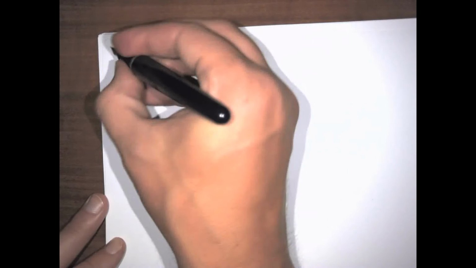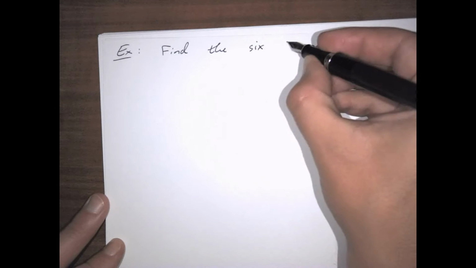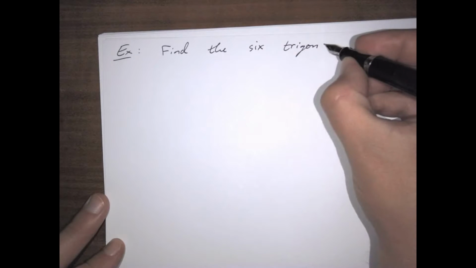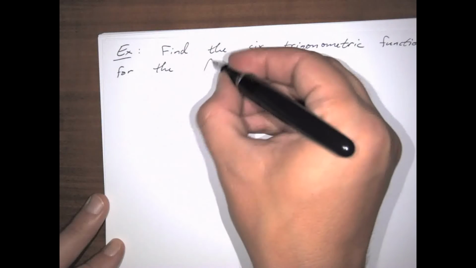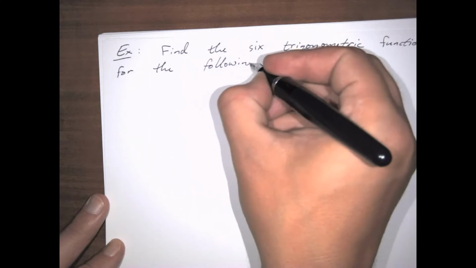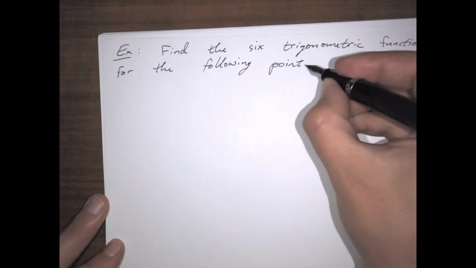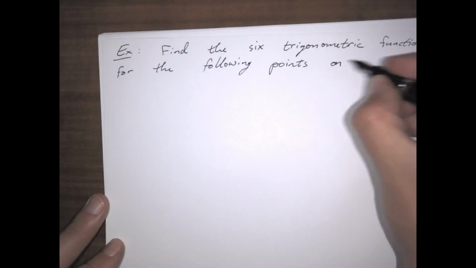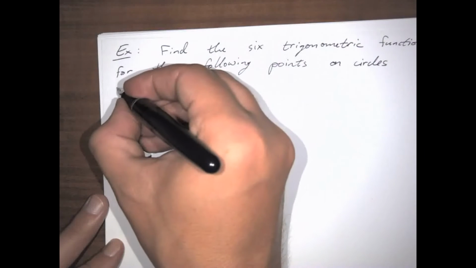So example, find the 6 trigonometric functions for the following points on circles centered at the origin.